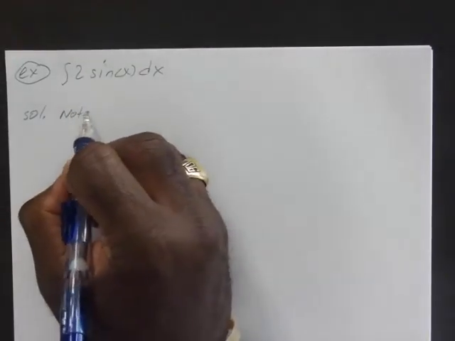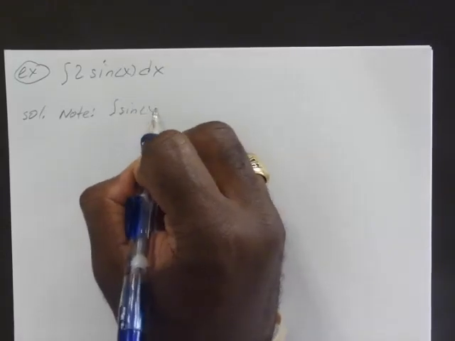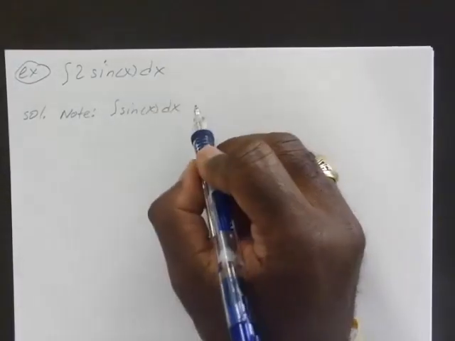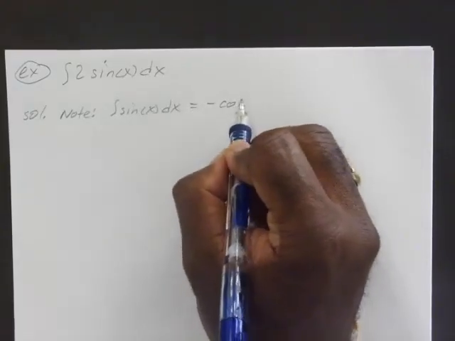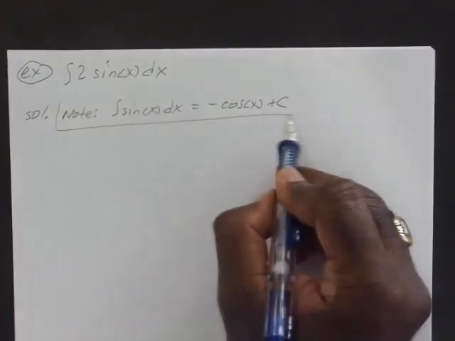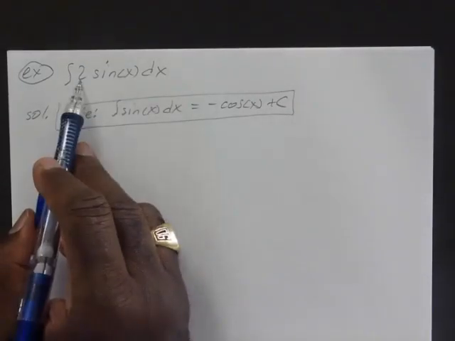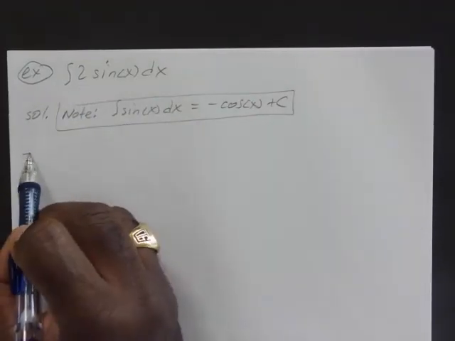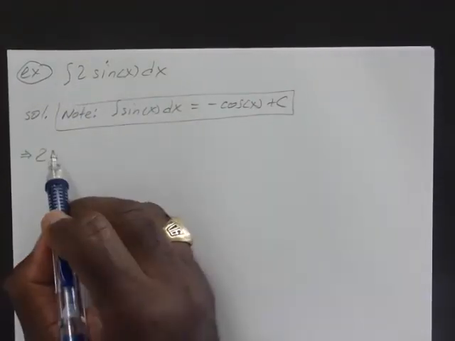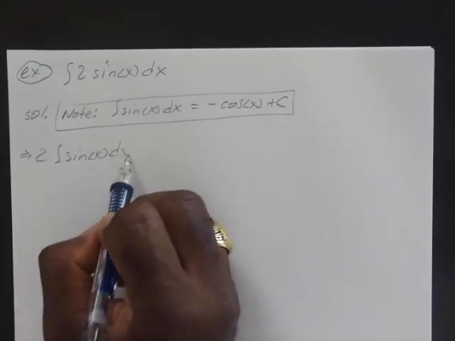Okay, so with this one, it helps to remember that the antiderivative of sine of x with respect to x is just negative cosine of x plus c. Okay, so that 2, we can go ahead and factor out to the front. So 2 times the antiderivative of sine of x with respect to x.